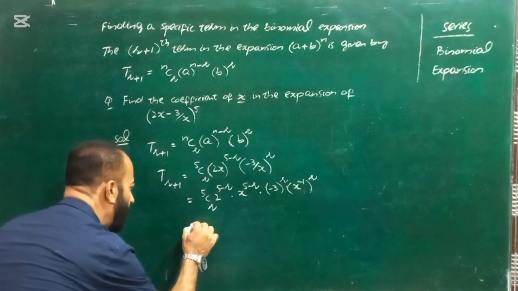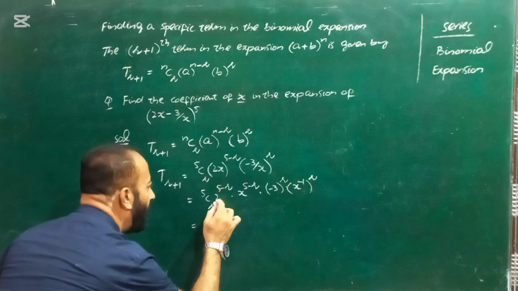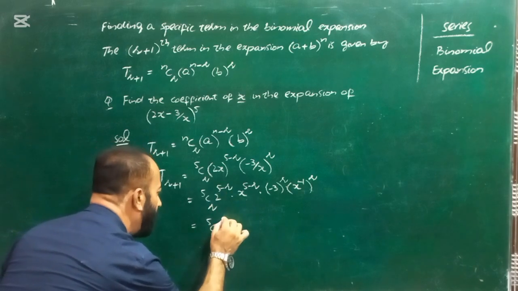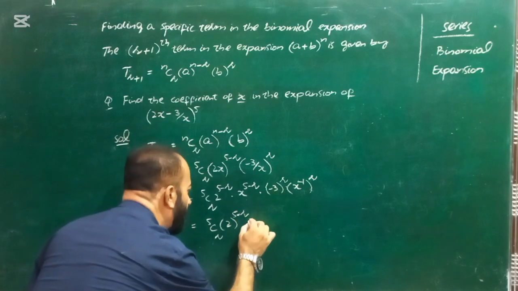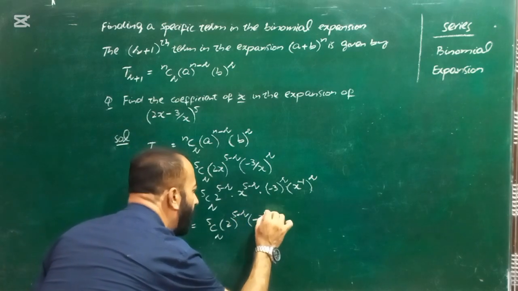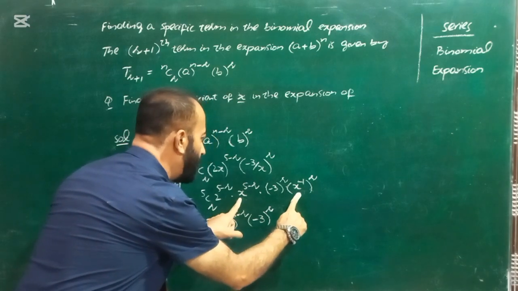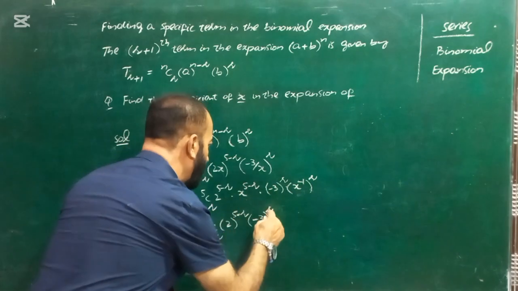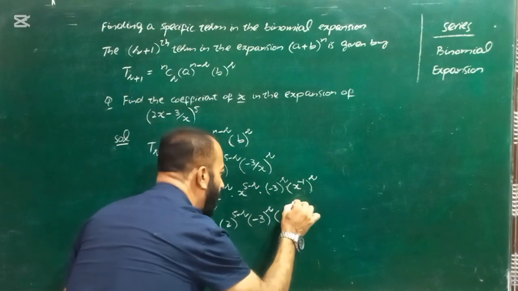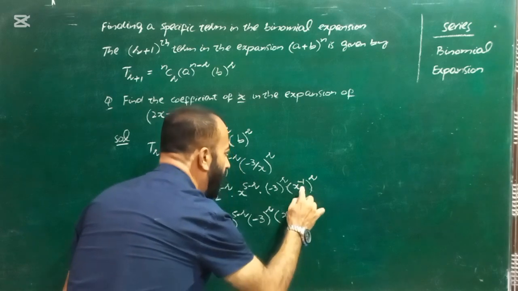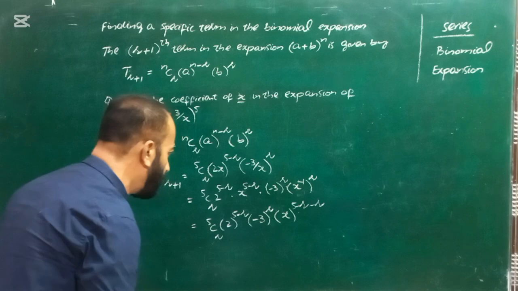So from here, now we will simplify constants and variables. So this 5Cr is as it is. 2 raised to the power 5 minus r will remain as it is. And this minus 3 raised to the power r is still there. But now you can see here bases are the same and powers will be added. So into x raised to the power 5 minus r is there, and this minus r will also be added into it.